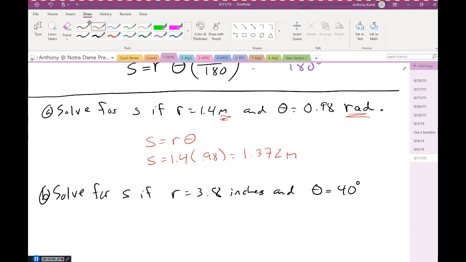Suppose we were asked to solve for S if the radius is 3.8 inches and theta is 40 degrees. Which of the two formulas for S should I use here? The second one.